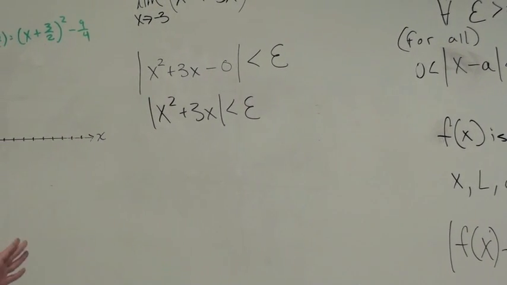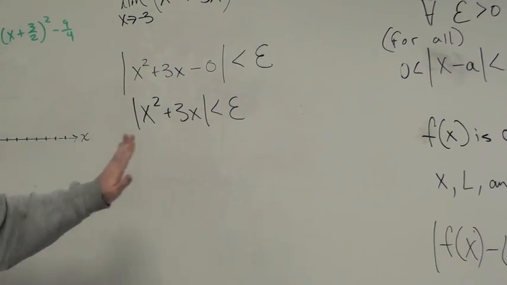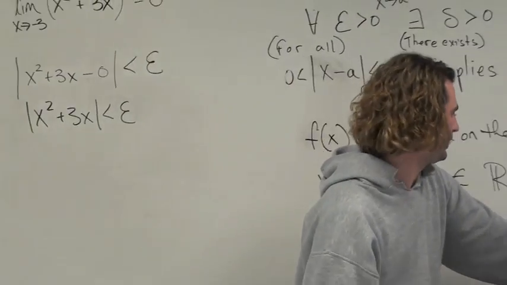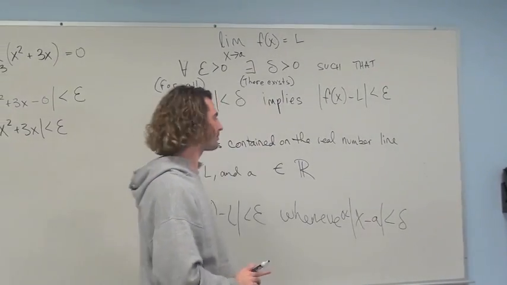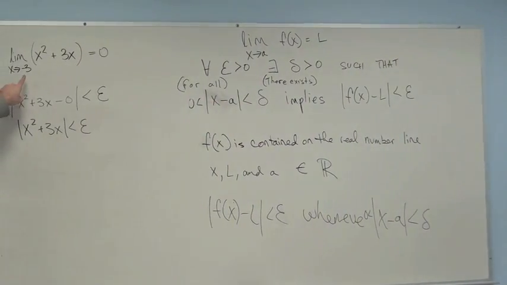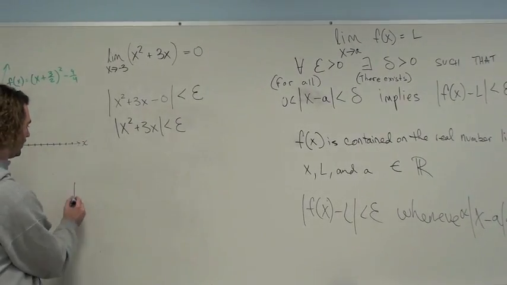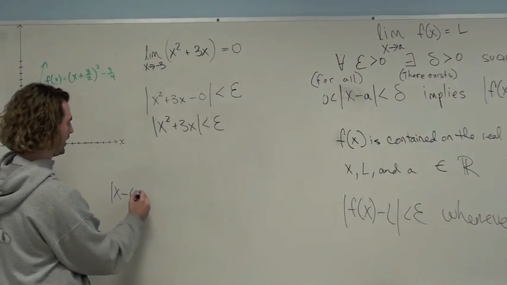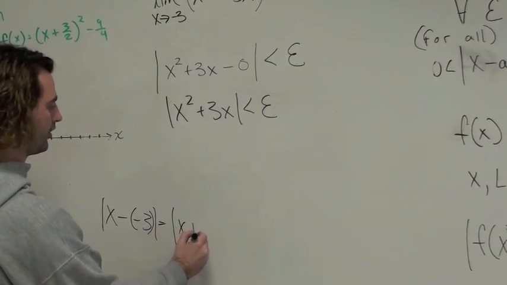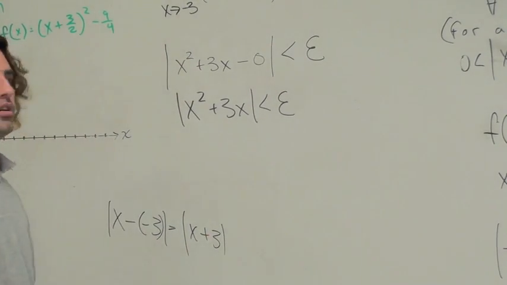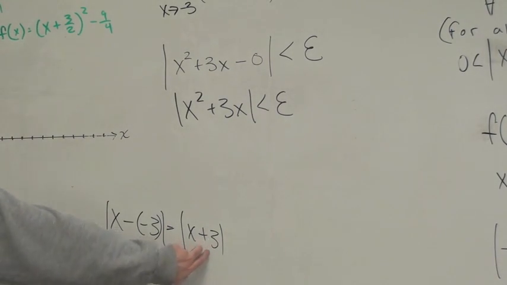And our goal here is to manipulate this algebraically so that we can find the absolute value of x minus a. In this case, our a is -3. So we're looking for the absolute value of x minus -3, or the absolute value of x plus 3. So we want to manipulate this to somehow find this in.